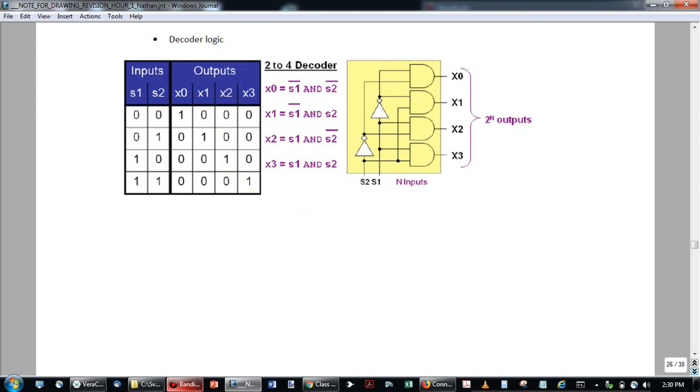The decoder's job is basically to take, in this case, 2 inputs and uncompress that to 4 outputs. If you had 3 inputs, you would have 8 outputs, then 4 inputs, 16, and so on.